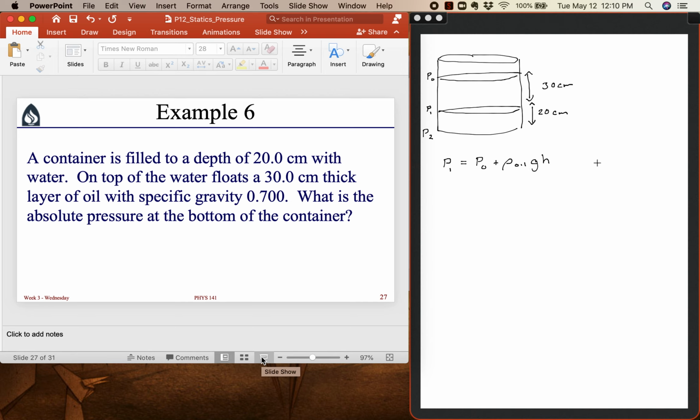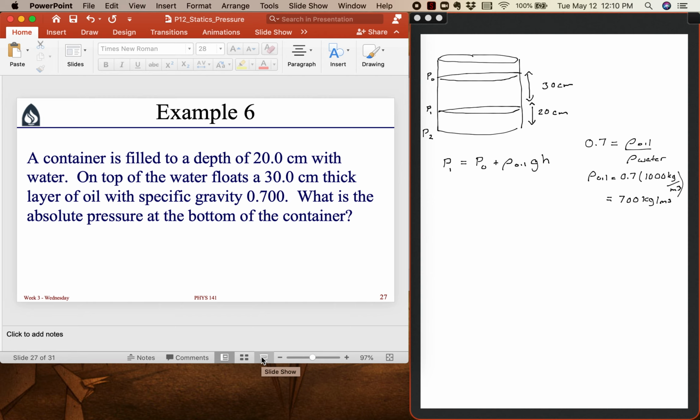But it's easy to convert, because the specific gravity, which is 0.7, is equal to the density of the oil divided by the density of water. We can look up easily the density of water. So the density of the oil is equal to 0.7 times 1,000 kilograms per cubic meter, which means the density of the oil will be 700 kilograms per cubic meter.